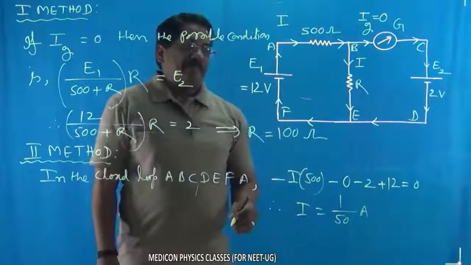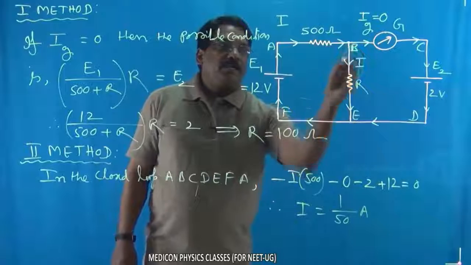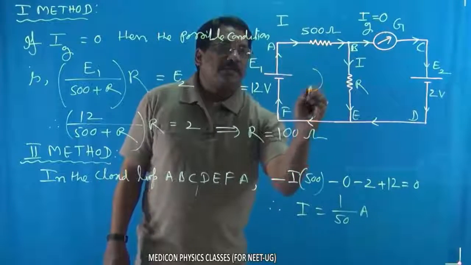And now let's use the other loop, A, B, E, F, A. This loop let us take up now.